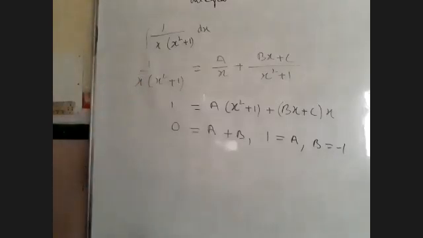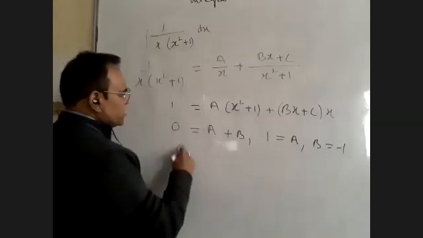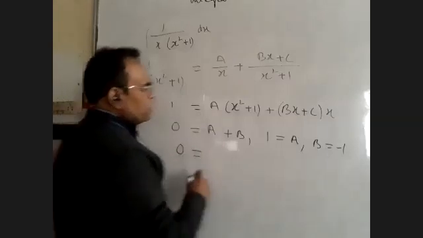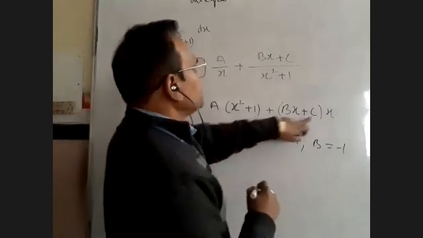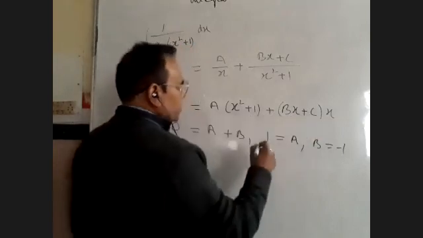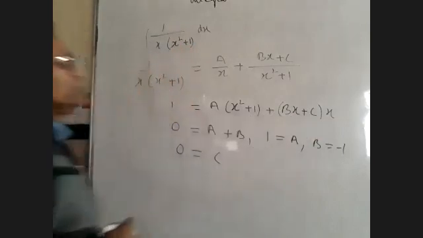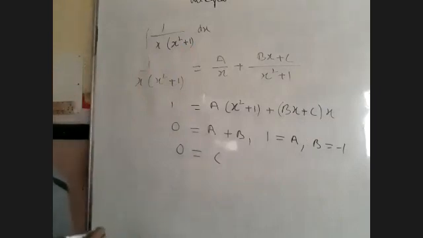Just compare the coefficient of x. On the left hand side it is 0, but here the coefficient of x is C. So the value of C is equal to 0.